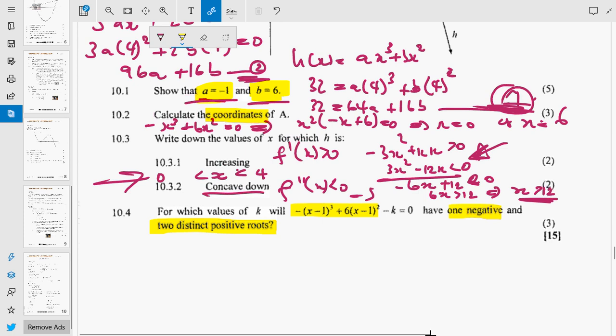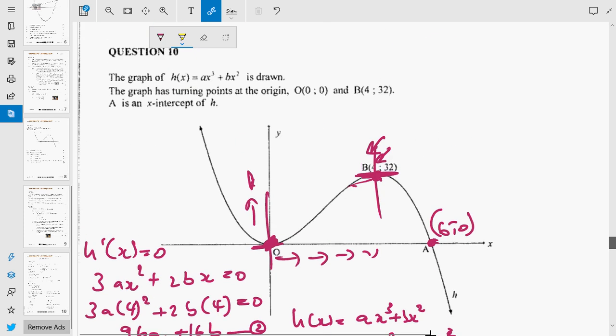So if I take the original graph and shift it 1 unit to the right, then I'm going to have a y-intercept at 7. So let me do the shift.